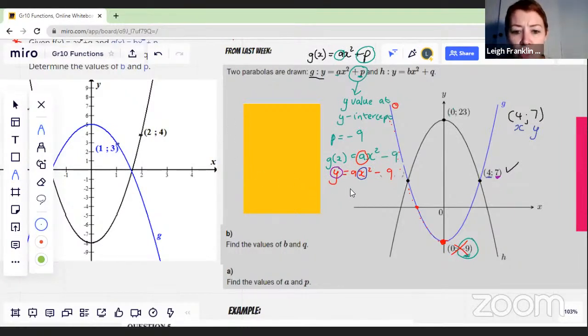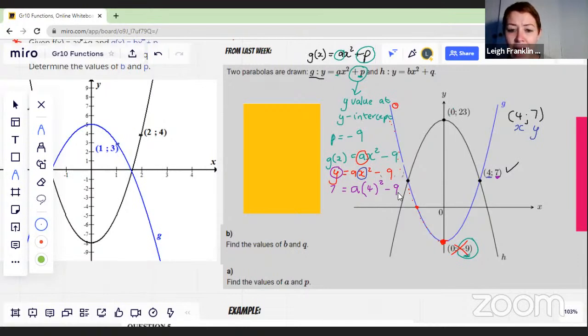So we are going to write 7 equals a, substitute in brackets. Inside the bracket we need to put the x, in other words, the 4. Good, well done. And then we've got to square that, and then we've got to take away 9.